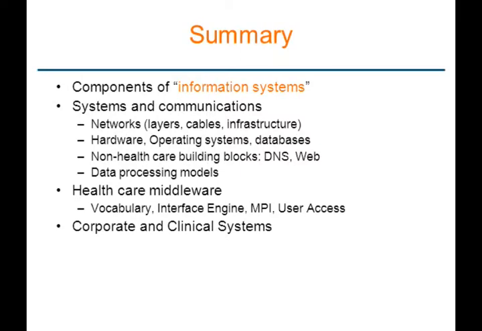And as we went higher into the software layers, we found that there are services, especially with the internet and with the World Wide Web, where we could use those services, and we not just could use, we actually do use those services to build higher level applications. Then we saw that there are special kinds of applications called healthcare middleware that help us do common sets of things that are healthcare specific, and that then help the highest level healthcare applications of corporate and clinical systems to accomplish their tasks.